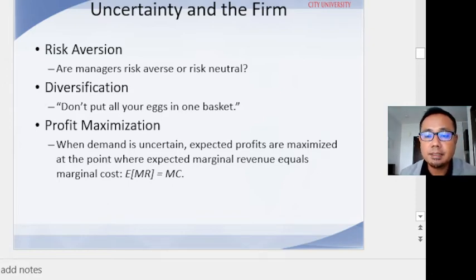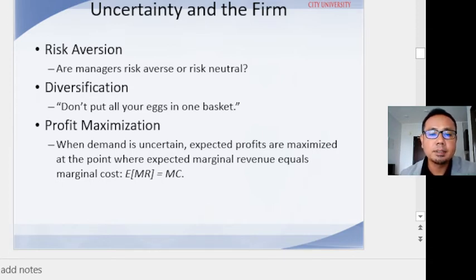If the manager is risk averse, he or she may prefer a risky project with a lower expected value if it has lower risk than one with a higher expected value. Alternatively, if given a choice between a risky project with an expected return of, let's say, $1 million and a certain return of $1 million, a risk averse manager will prefer the sure thing.